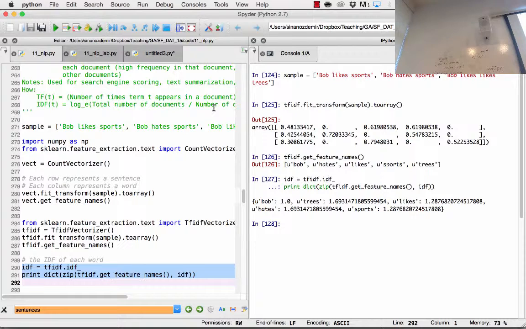What log? You'll actually find that it's different for some calculations, and the reason they do the log in the first place is because they're assuming that there's not a linear relationship between how often we use words in documents. They're assuming it's a logarithmic description of how often we use words.